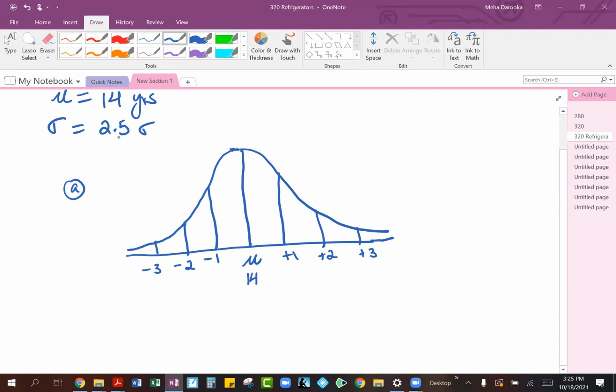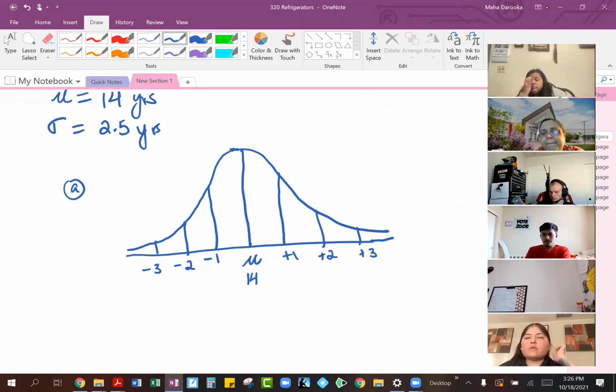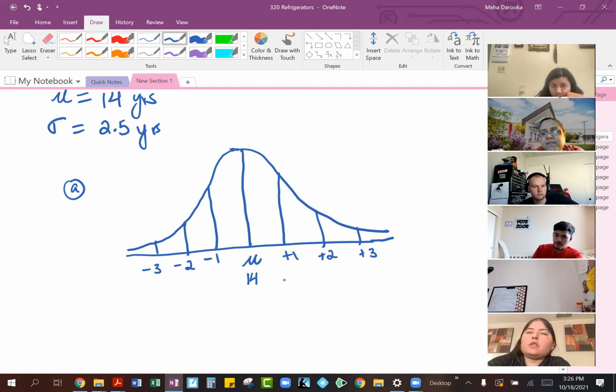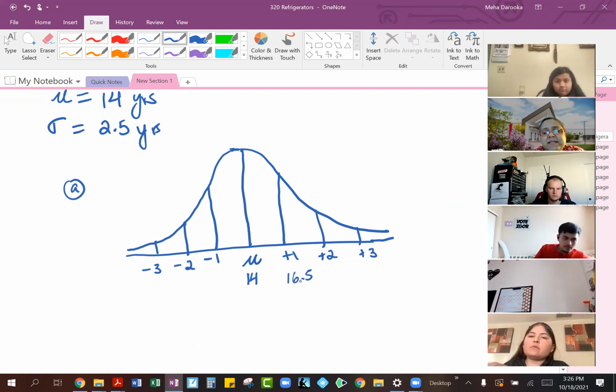Then your standard deviation is 2.5 years. So that means you are taking 14 and adding 2.5 to that to get your first standard deviation. So what will that give us, guys? 14 plus 2.5. 16.5? Yeah, 16.5.